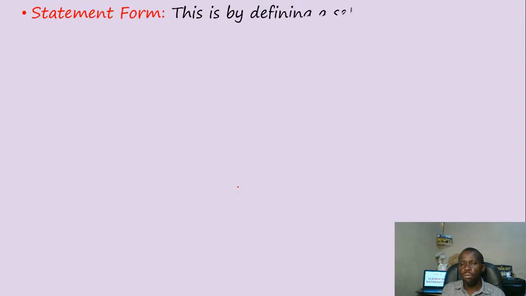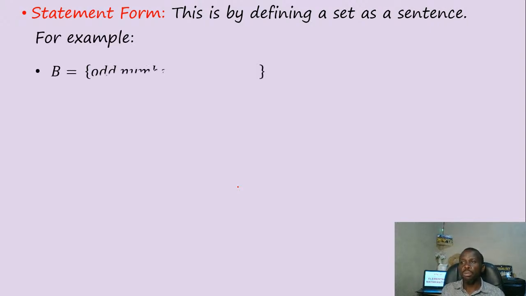Statement form is another one. This is by defining a set as a sentence. For example, we have B equals odd numbers less than 9. You see that it's just like a sentence or a statement. We are not given the elements there.